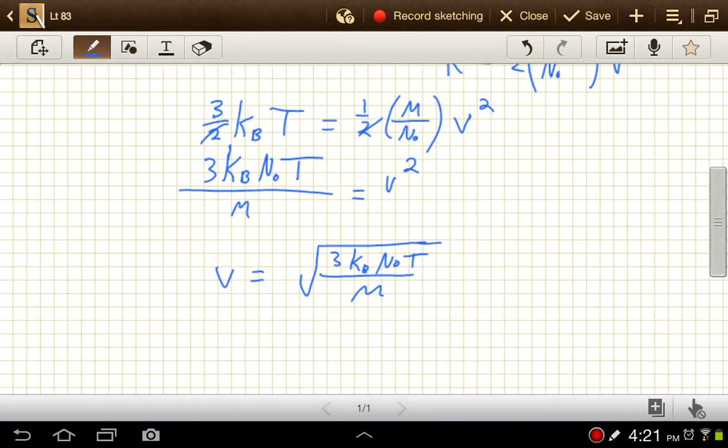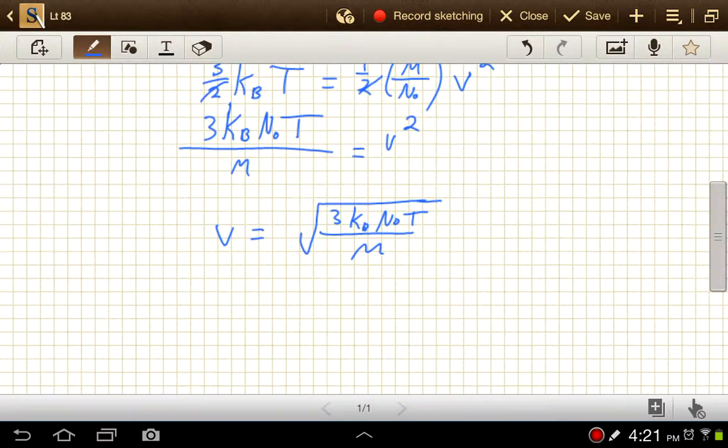That equation would work just fine for us. We should also specify this is the root mean square velocity. If we square all the velocities of the particles, average that together, and then take the square root, that's what root mean square velocity means.